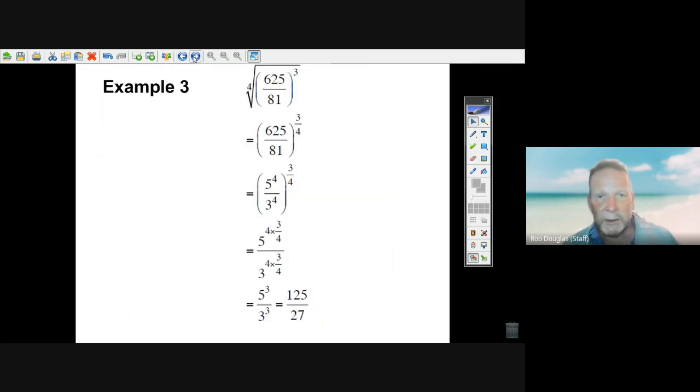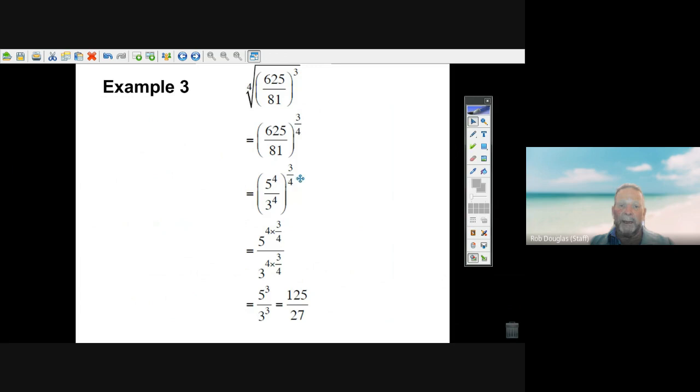We can get questions that get a little bit more involved. When you see 625, it's really kind of good if you knew that it was a power of 5. First, so that's writing it as 5 to the 4th power. 81 is really 3 to the 4th power. But this whole thing is put to the power of 3, but the root goes in the bottom.